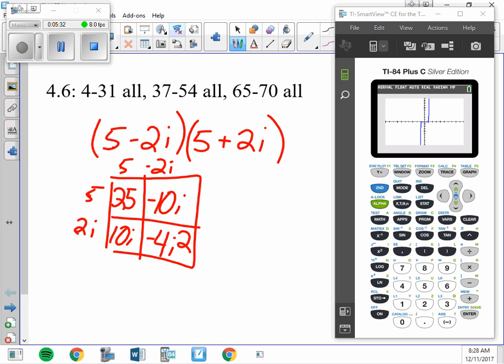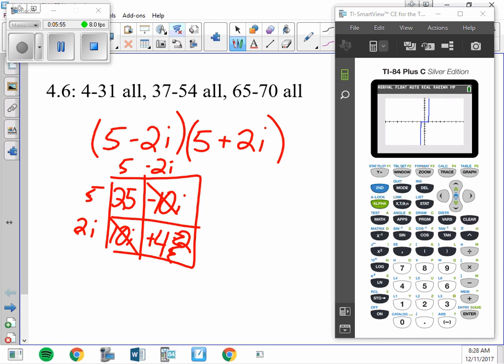What do you notice? The 10i and the negative 10i cancel. What else? i squared is really just negative 1. So negative 4 times i squared is actually just plus 4. Does everybody understand that? Okay.